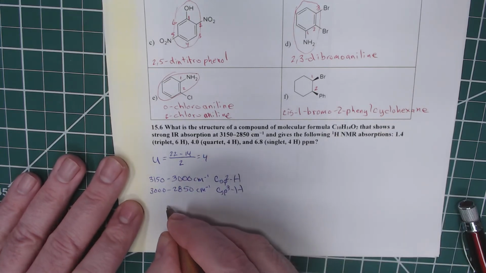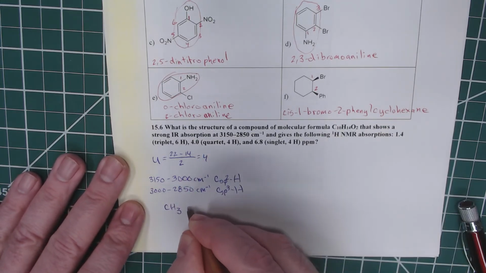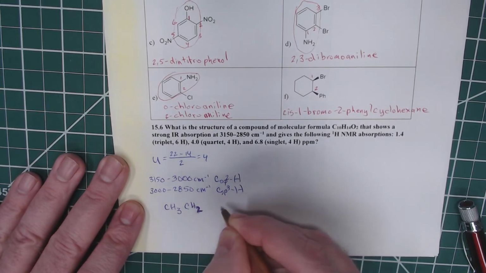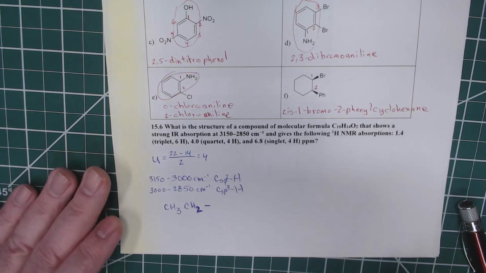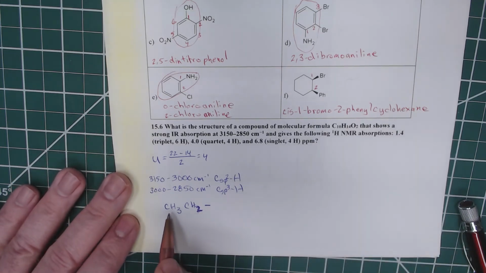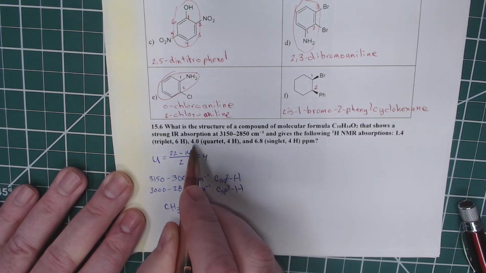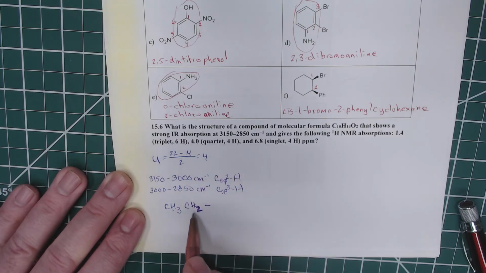All right, so we've got the CH3, CH2, that's a 2 there, not a 3, and it's attached to something. This corresponds to the triplet, the 6 hydrogens. There are 2 of the ethyls that are identical. And then the quartet is going to correspond to this.